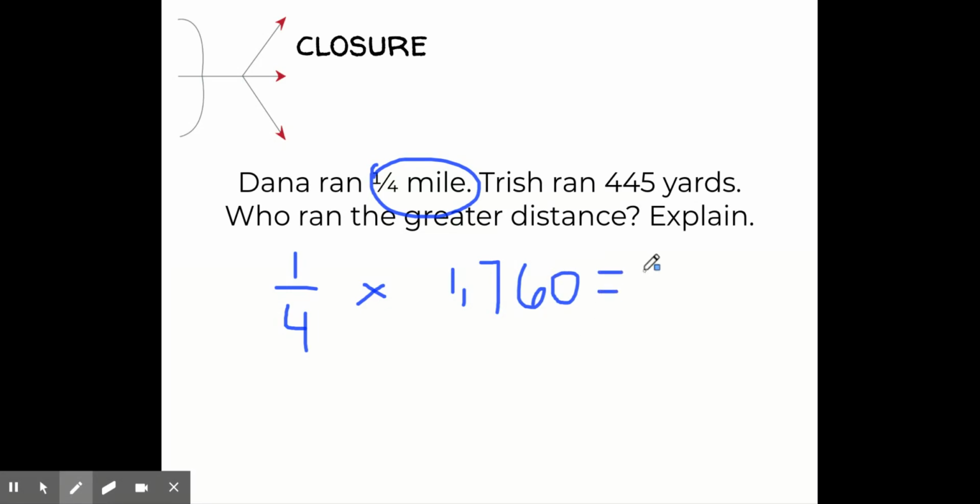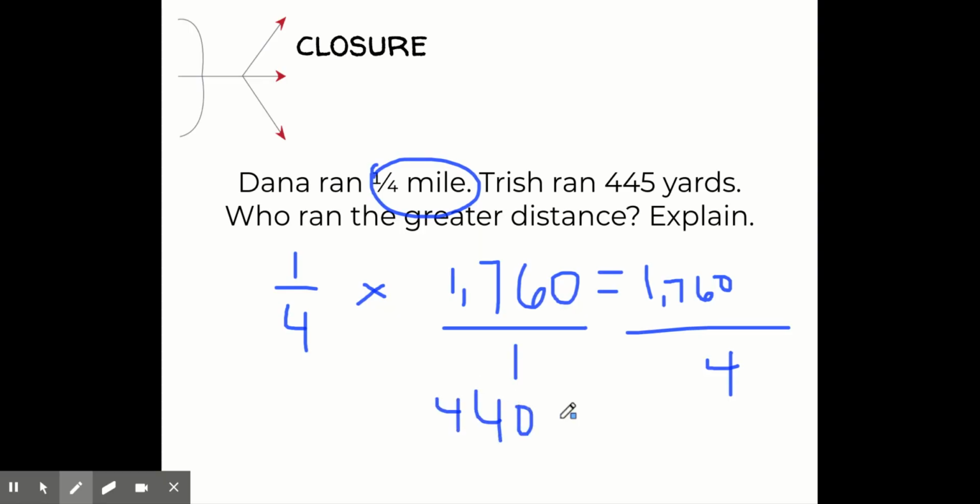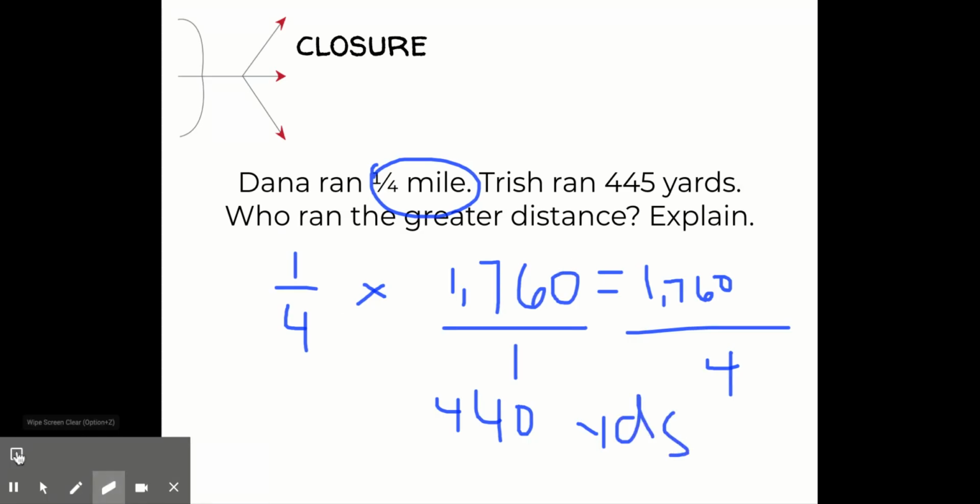When I multiply those two together, I'll make this a denominator of 1. When I multiply across, I get 1,760 over 4, which is equal to 440 yards. So it seems as if Trish ran more because she ran 445 yards.